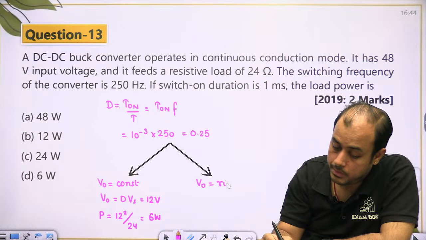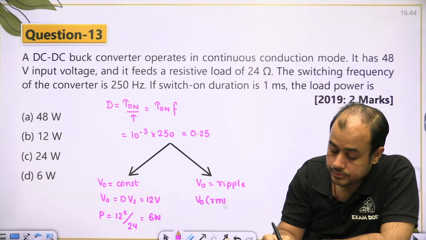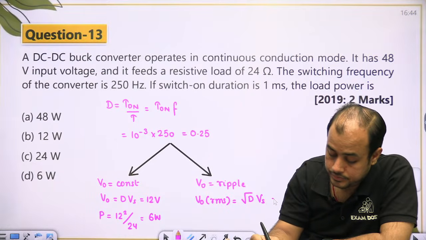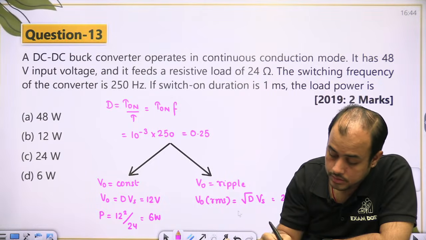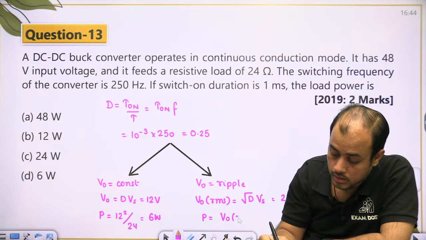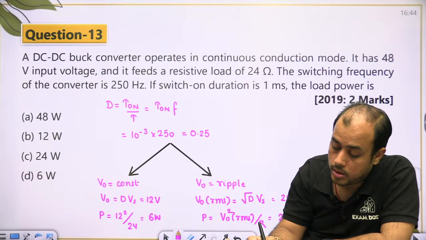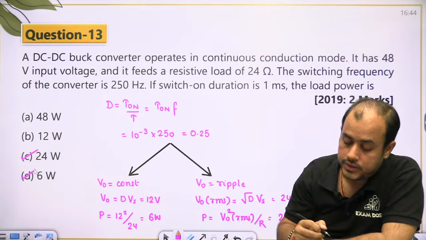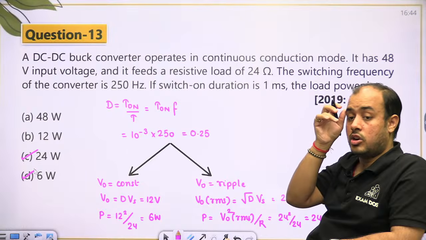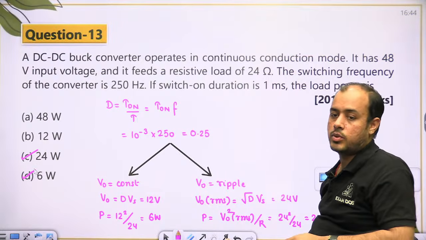Not having ripple because nothing is said about capacitor. It is not saying anything about capacitor. Because they did not give the circuit, they did not tell you about the capacitor. So you cannot know possibly if the load contains a capacitor or not. Okay? That is why beta GATE gave both the answers as correct, 6 and 24.